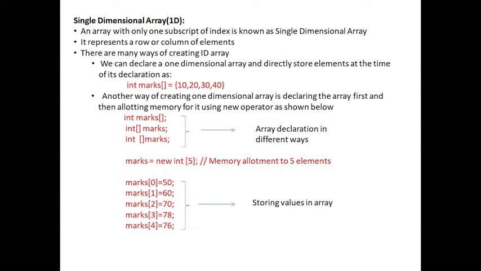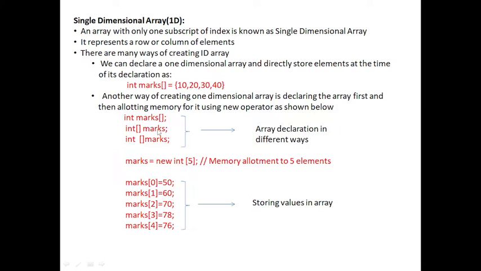You may choose any method to declare the array. You may write like this, like this, or like this also. There is no problem. Whatever you write, the meaning is the same. What we are doing here is just declaring the array.